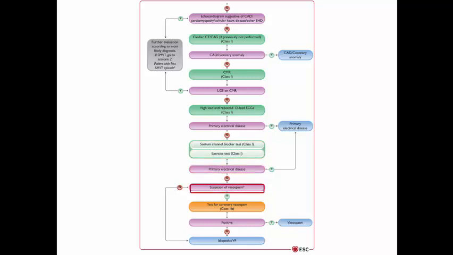If there is suspicion of vasospasm, you need to go for an acetylcholine or ergonovine challenge test. If it is positive, it is vasospastic angina causing the arrest. Otherwise, it is idiopathic VF, which is a diagnosis of exclusion.